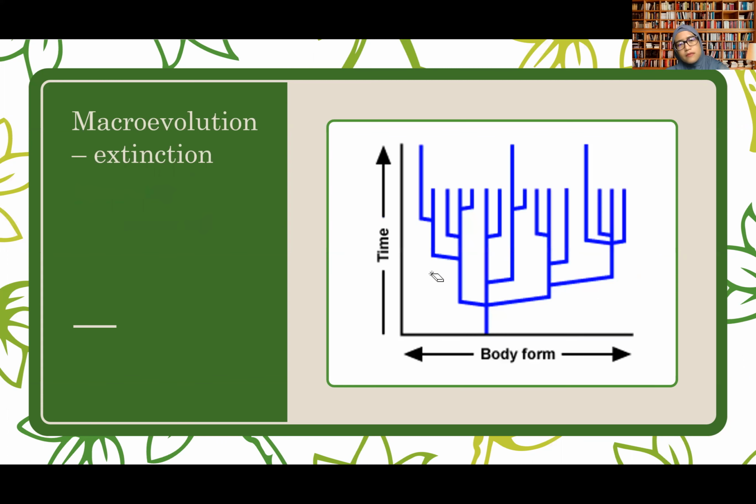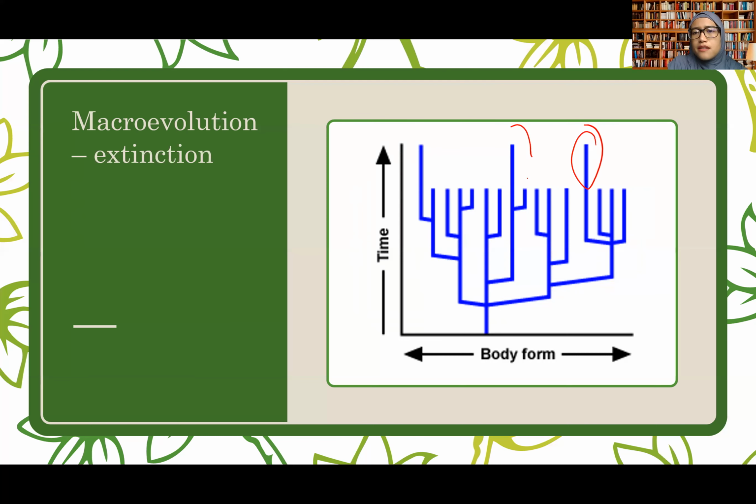Okay. So the fourth one is extinction. Extinction is when the species just goes extinct. For example, mass extinction. So here is an example of mass extinction. Lots of the species just die at that point of time.